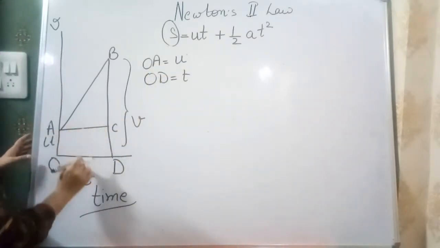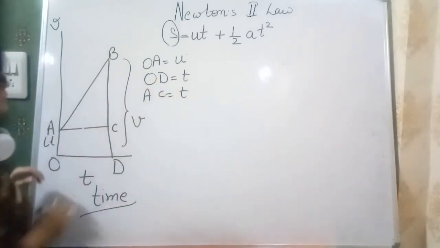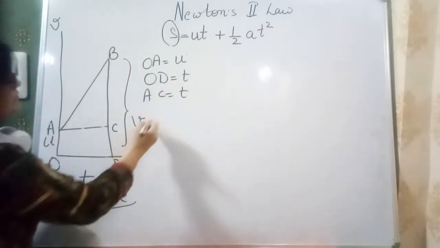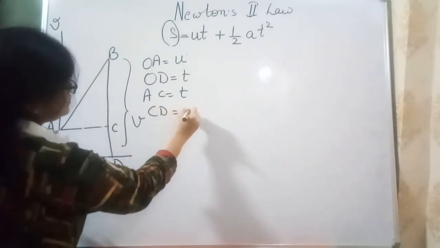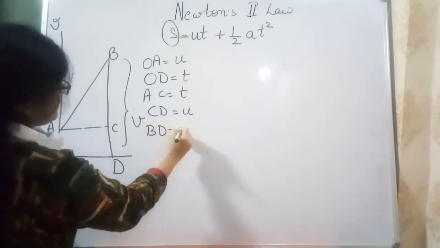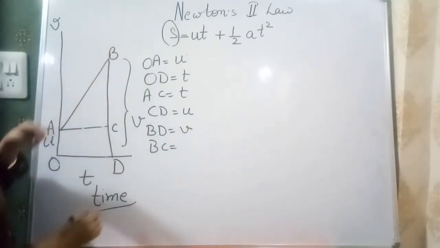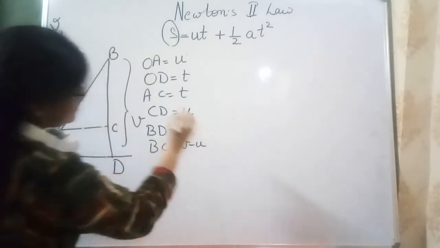AC, these two lines are parallel. AC is equal to T. Clear? Now CD is equal to U. BD is equal to V. BC, V minus U. Clear?